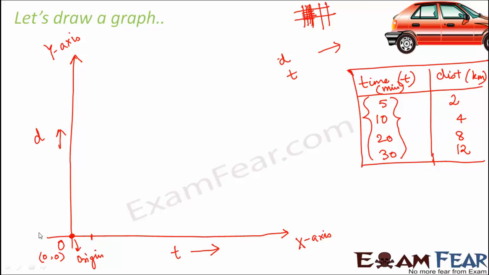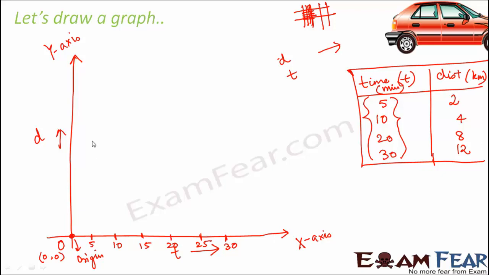Right now let us say that one big box represents 5 minutes. So this is 5, this is 10, this is 15, this is 20, this is 25, this is 30 and so on. So that's how we scaled the x-axis.